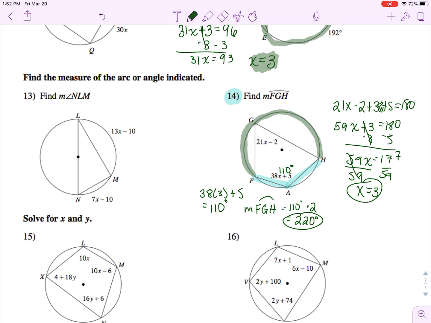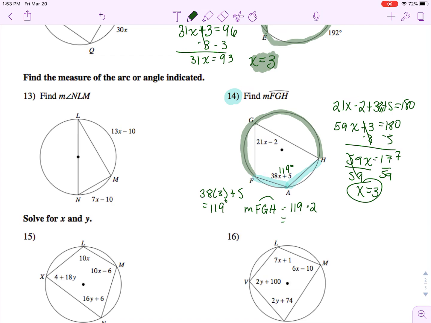And you can even check that. Okay, pause. Let's go back. You've probably noticed by now that I made a computation mistake. 38 times 3 plus 5 is actually 119 degrees.